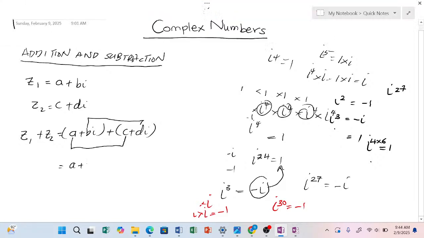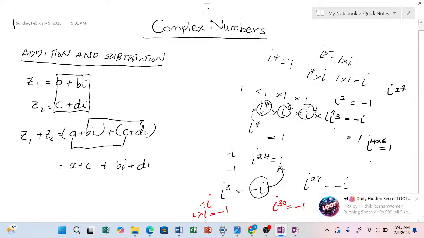I'm going to get a plus c, which is the real side, plus the complex side, bi plus di. So anytime we are asked to add or subtract complex numbers in the rectangular form, you just take the real part and add it, and the imaginary part.